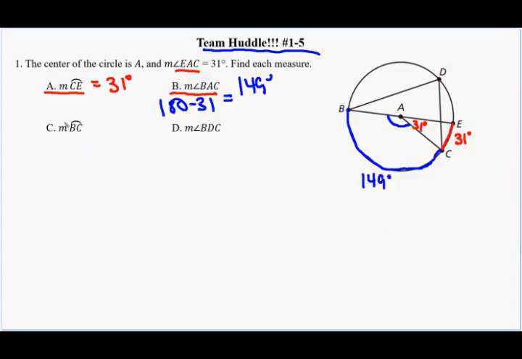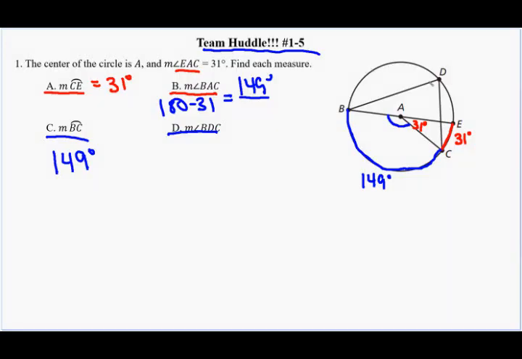And now, BAC, the angle is 149 degrees, and now it asks for arc BC. Well, BC and angle BAC are going to be the same. A central angle and its intercepted arc are equal, so that's also 149 degrees. And now, last part D, find the measure of BDC.